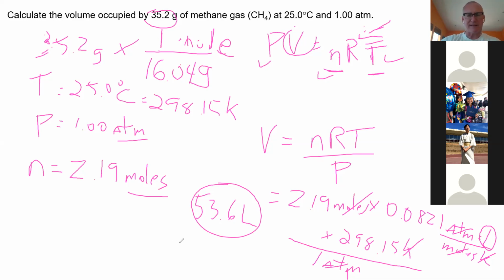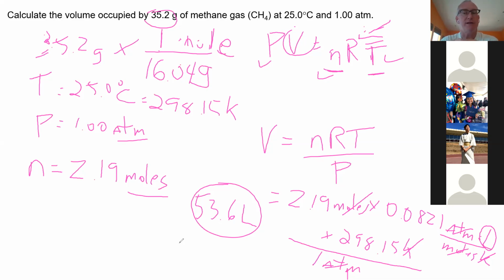All right, so this is one of those times when you're given 3 bits of information and you need the 4th. That's when you're going to need R. Generally, you don't need it if the pressure, volume, or temperature changes but the number of moles doesn't.